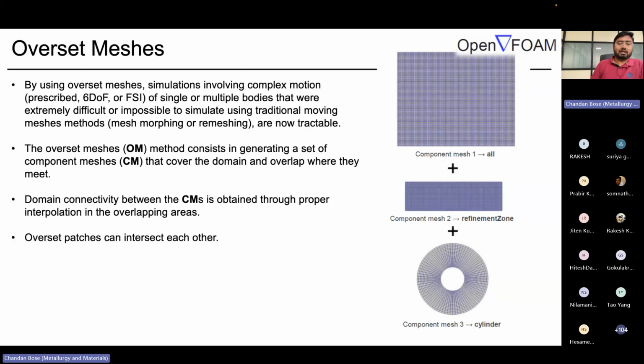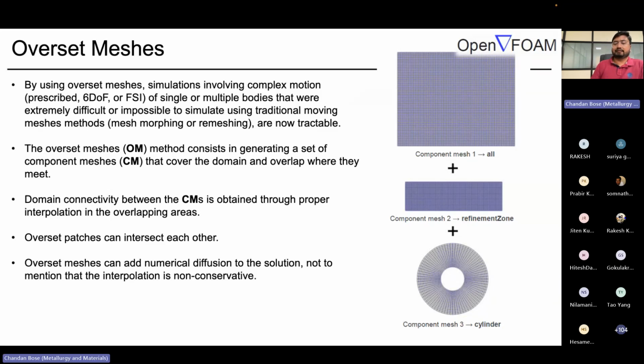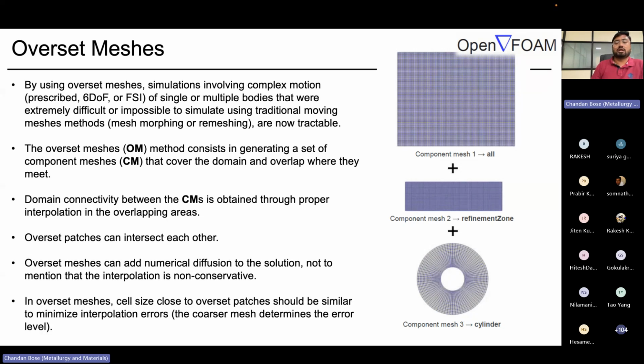Now, overset patches can intersect each other, but it adds numerical diffusion, and capturing the resolution of the flow at the overset patch is very difficult, and it needs an appropriate interpolation technique to overcome this issue. The trick or tip here is that you have to keep the cell size at the surface of different component cell zones similar so that the interpolation error becomes low and you get an accurate solution.